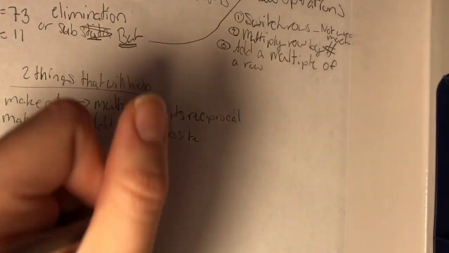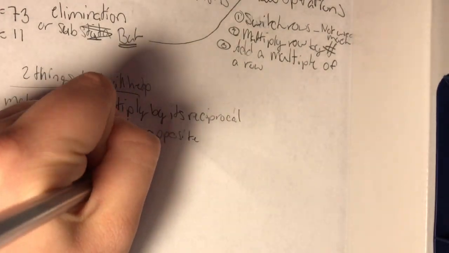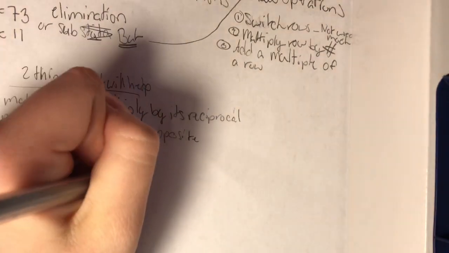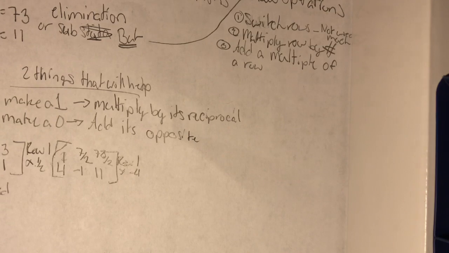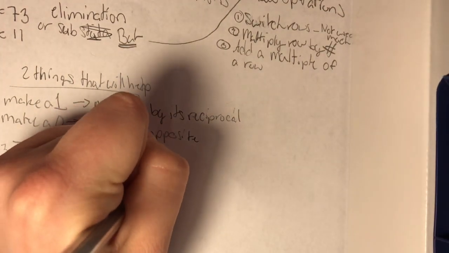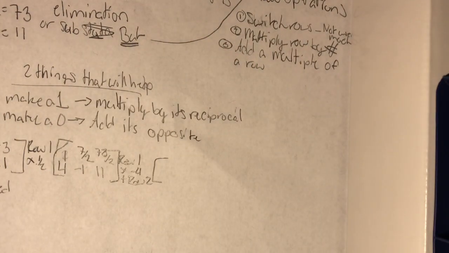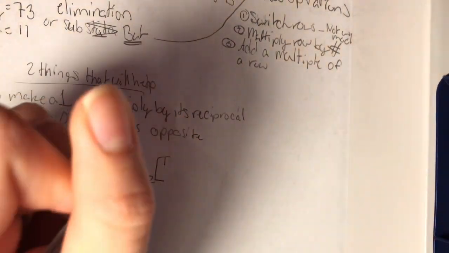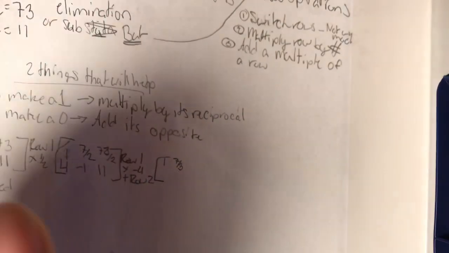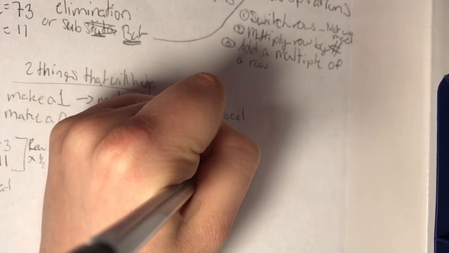The next one you do row 1 times the opposite of 4, which is negative 4. Then you add row 2. So row 1 stays the same. It's 2, 7 halves, 73 halves.